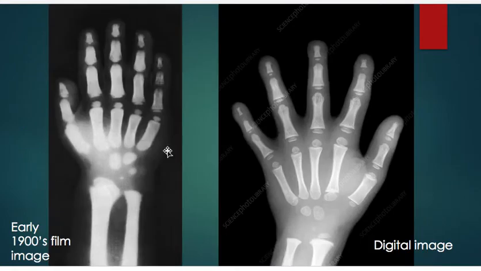So when we take these two images side by side, this is an image from the early 1900s, and this is a digital image. So you've got film here, and then digital here. And look at the difference in the quality. For one, just the soft tissue in general. So if you look at this one here of the digital image and you follow this down, look at the definition of the soft tissue of the hand. It's very clear.